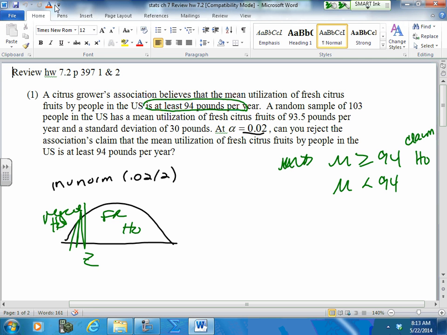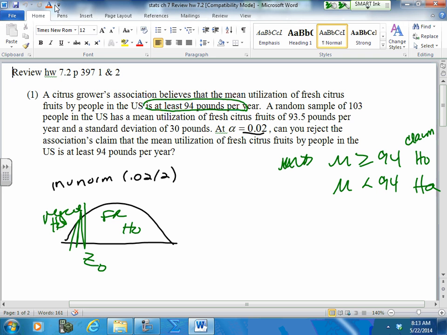We need to find your critical value. Inverse norm. Yeah, it's a right side. You have to follow the HA. You always follow the HA. Chances are, if you use your calculator for this, you're going to know immediately because your statistic is going to come on the opposite side. Your statistic should come close to your reject region, but there are a few problems where they have messed it up a little bit.